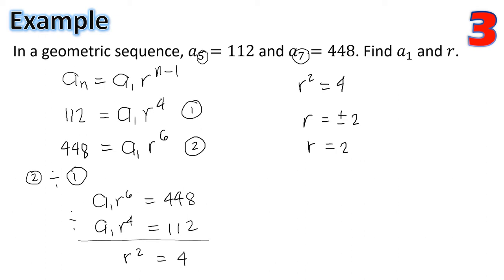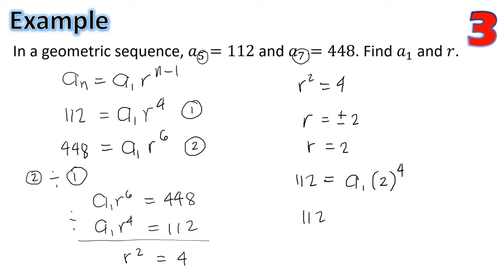To find a sub 1, we substitute r equals 2 into either equation 1 or equation 2. Let us use equation 1. We have 112 is equal to a sub 1 times r, that is 2, raised to 4.